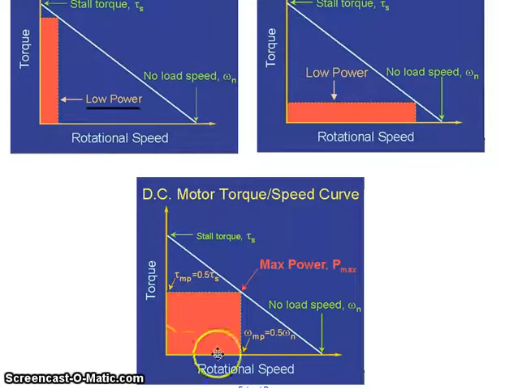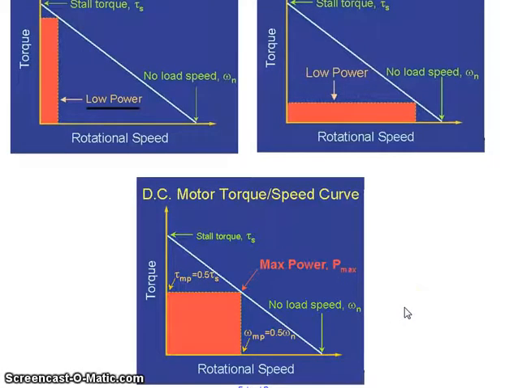And you can see that rectangle, in this case a little bit like a square, is the maximum power that could be delivered, and it's under those conditions of half torque rating and the resulting half rotational speed. You can see that rectangle is bigger than either of those two.